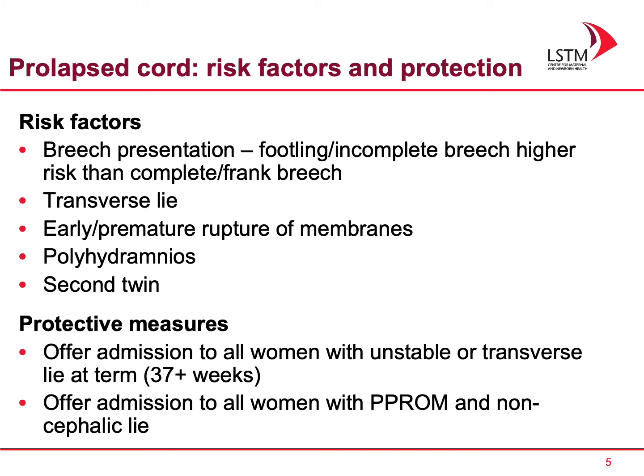A second twin is associated with cord prolapse due to its small size most of the time, and at the same time because of its variable presentation.